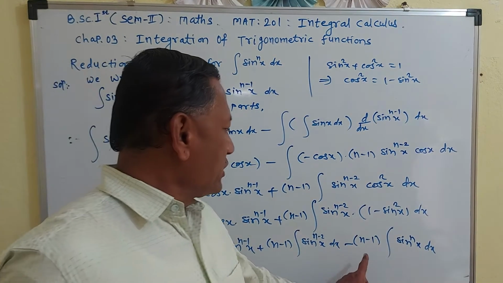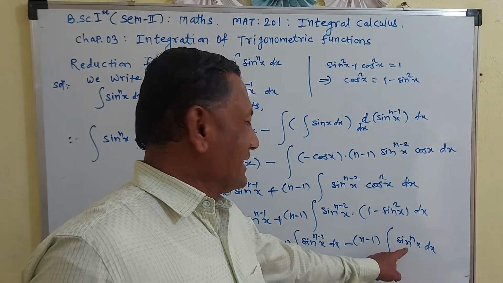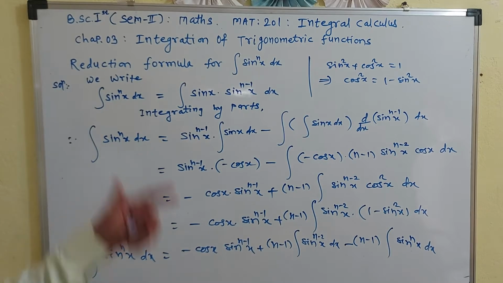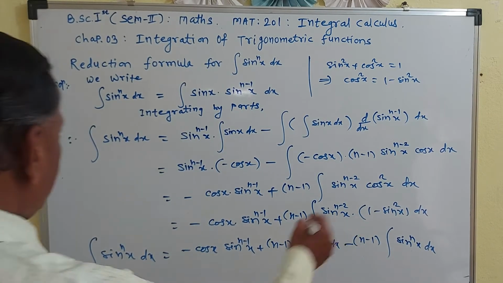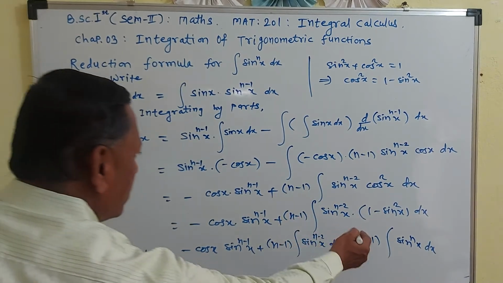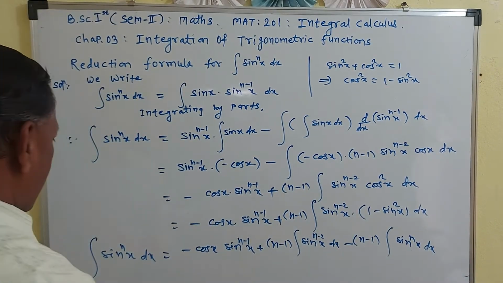Then you transpose this term, minus n minus 1 into integration of sin raised to n x, to the left side. So you get, therefore you transpose that last term, this n minus 1 into sin raised to n x.